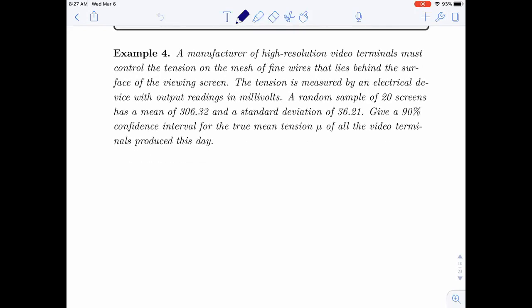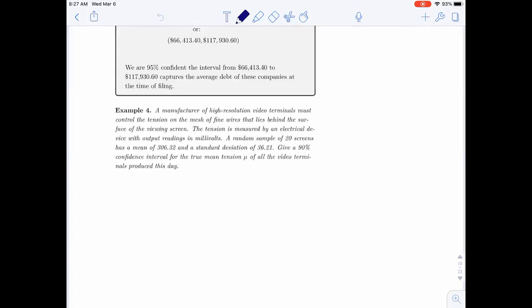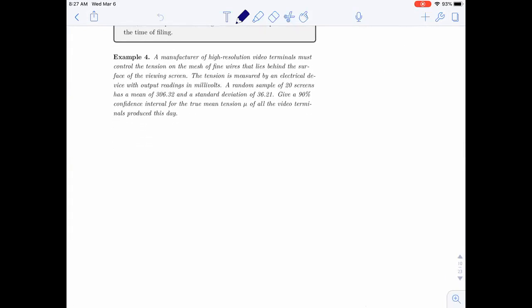All right, so I'll use the whole page here. Make a note on the side of what we're given.